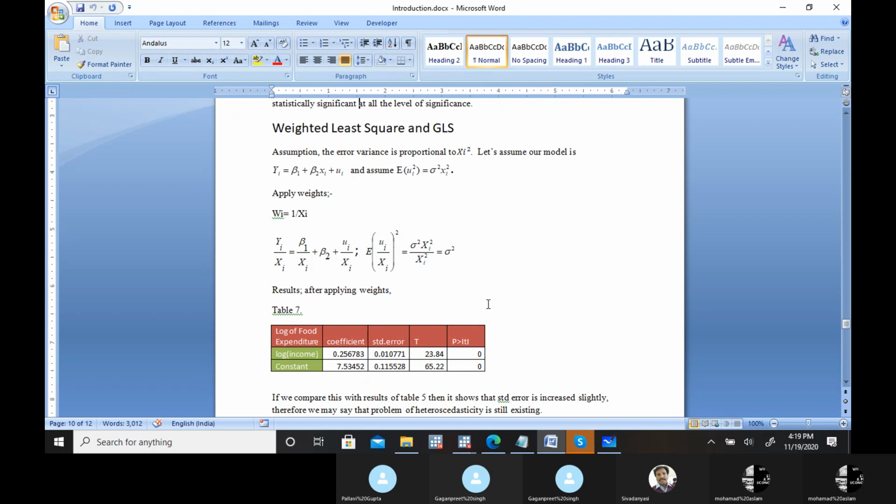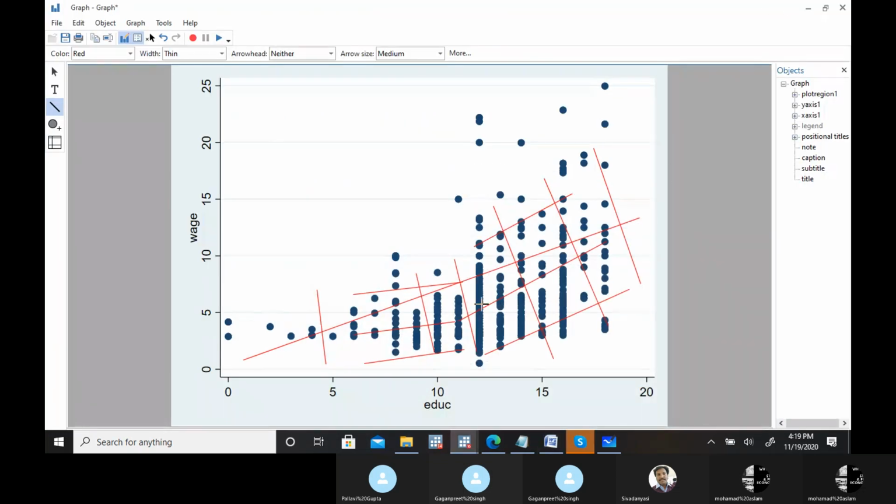In the assignment I took the data for Himachal only, and even after I applied all this, heteroscedasticity was not removed. So that might be a case.